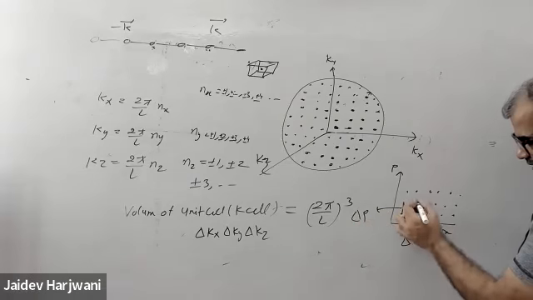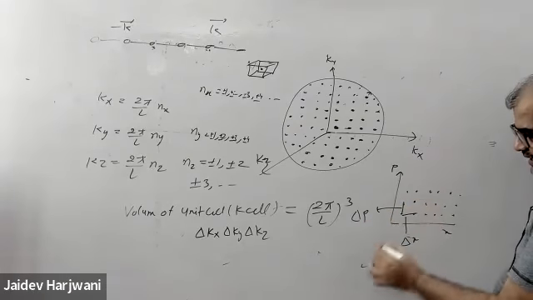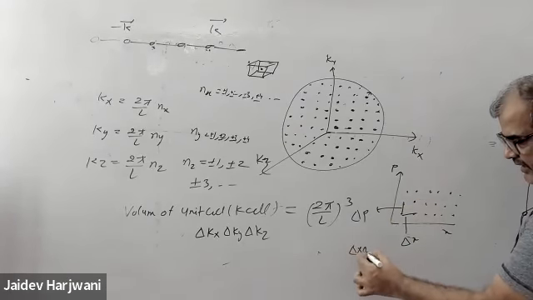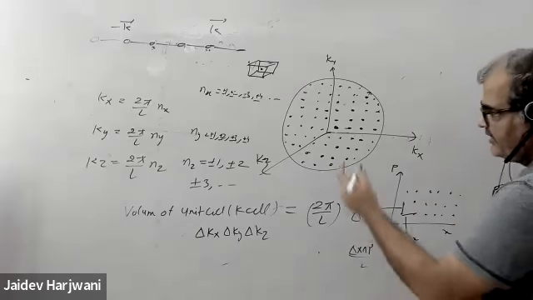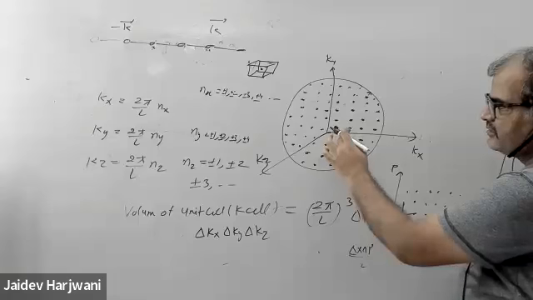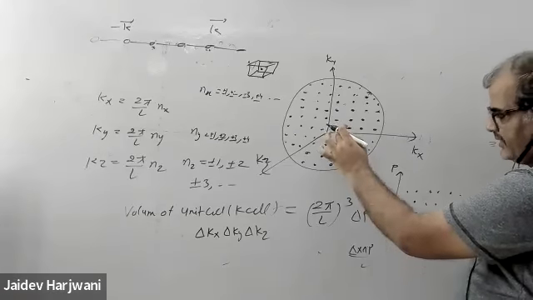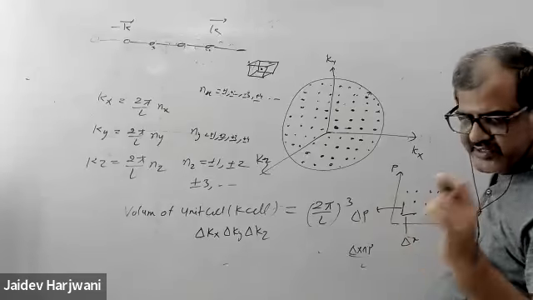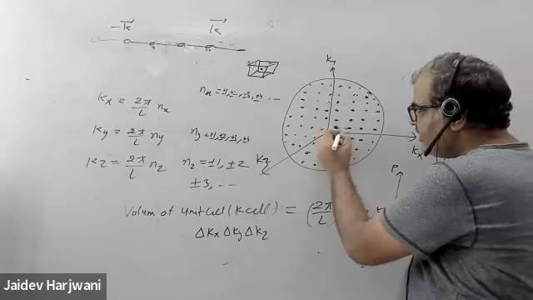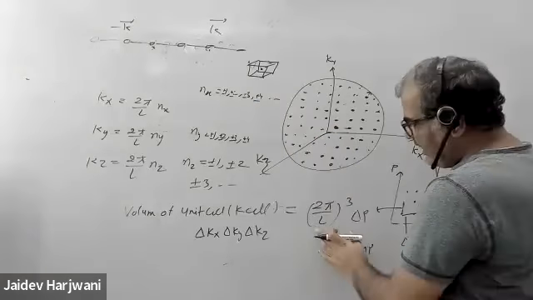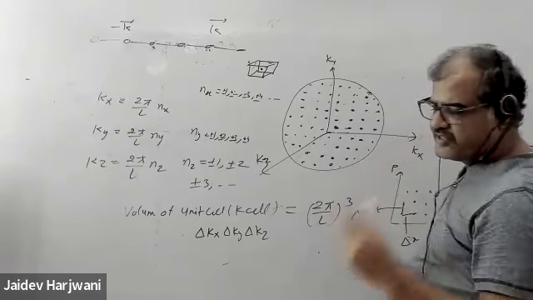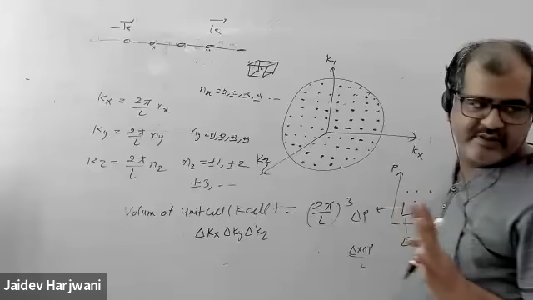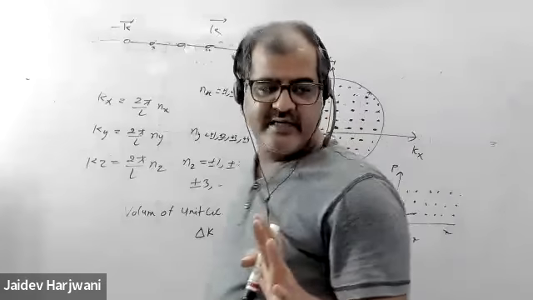So if I take the volume of one cell here, that will be delta x into delta p in one dimension. Similarly, in 3 dimensions, the length is 2 pi by L between two states. So the volume of this state will be 2 pi by L cube in 3 dimensions, 2 pi by L square in 2 dimensions, and 2 pi by L in 1 dimension. Okay, I hope now it is clear.